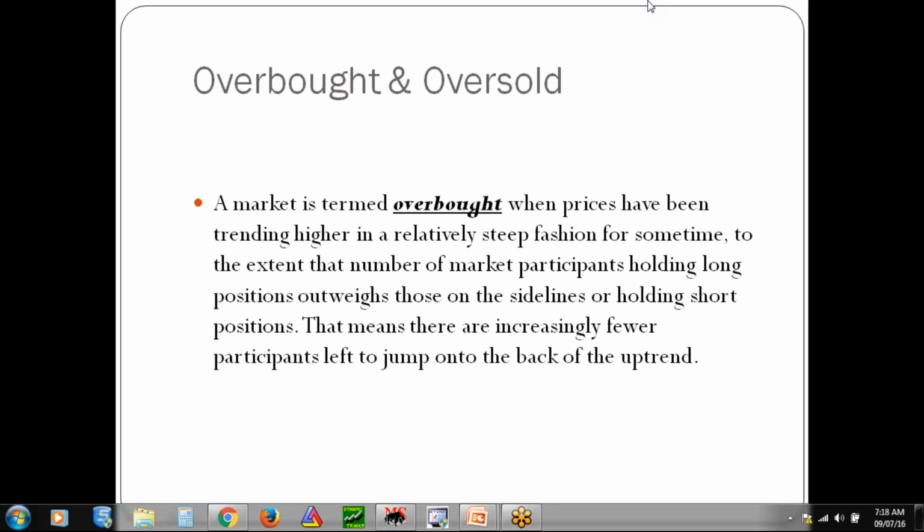That means everybody is buying and nobody is there to sell, and many people are also sitting on the sides to buy. So this happens when the prices become overbought and the momentum indicator moves into the overbought zone.